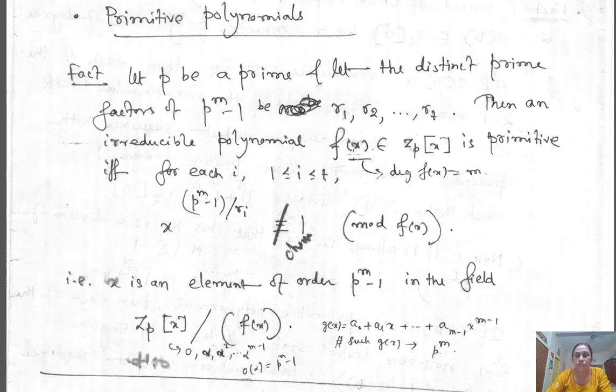So f(x) belonging to Zp[x] is a primitive polynomial if and only if, for each i from 1 to t, where i runs over the suffixes of r1, r2, ..., rt, x to the power (p^m - 1)/ri is not congruent to 1 modulo f(x).